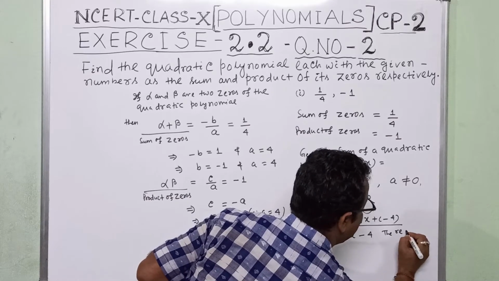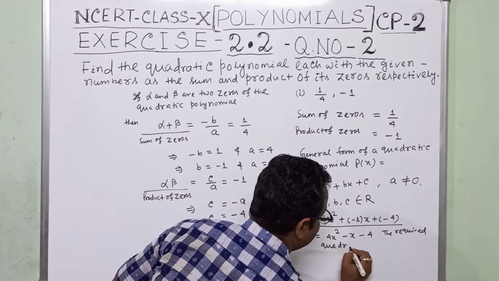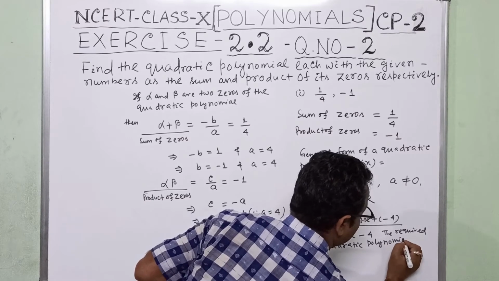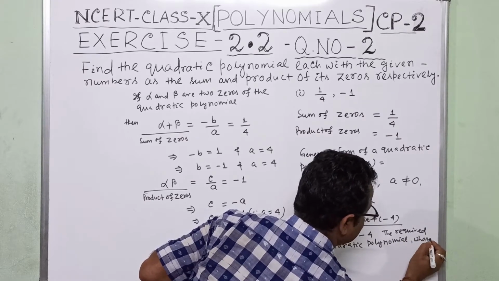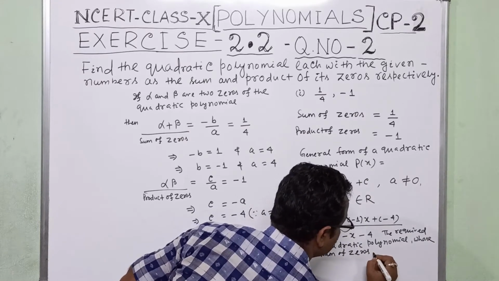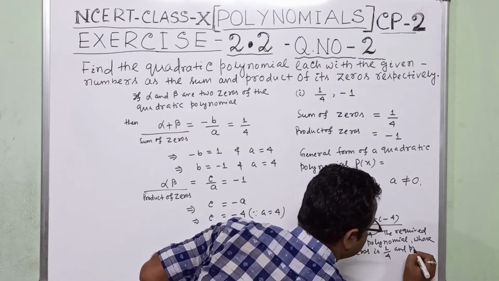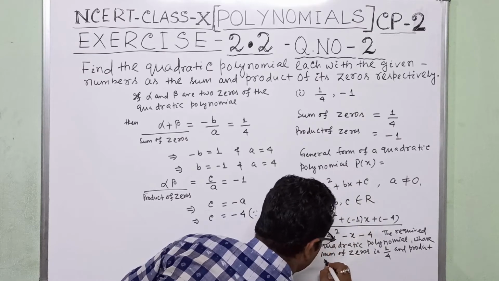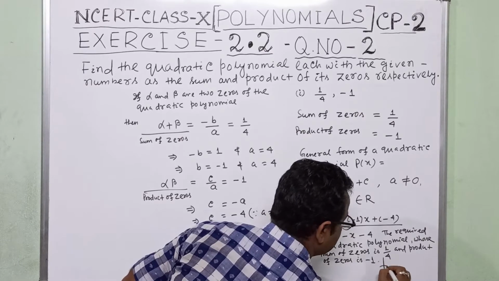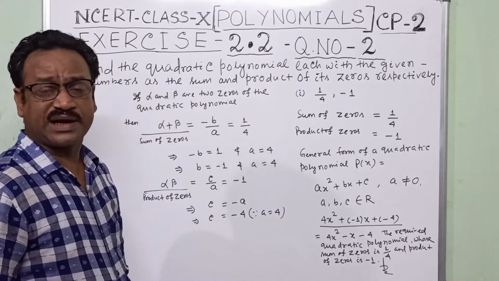The required quadratic polynomial whose sum of zeros is 1/4 and product of zeros is -1. So here we got what? 4x square minus x minus 4.